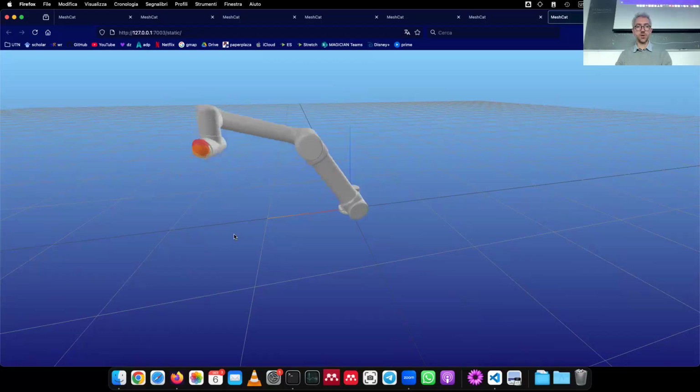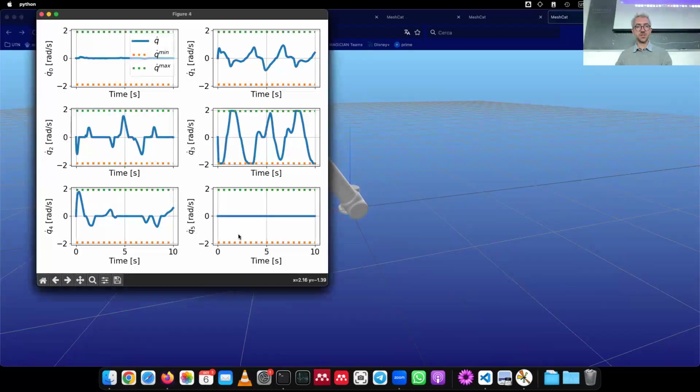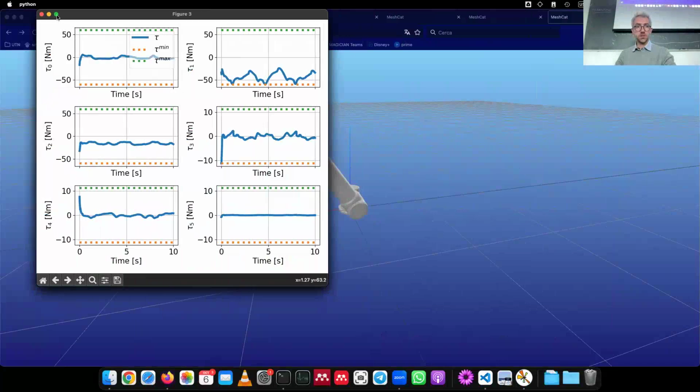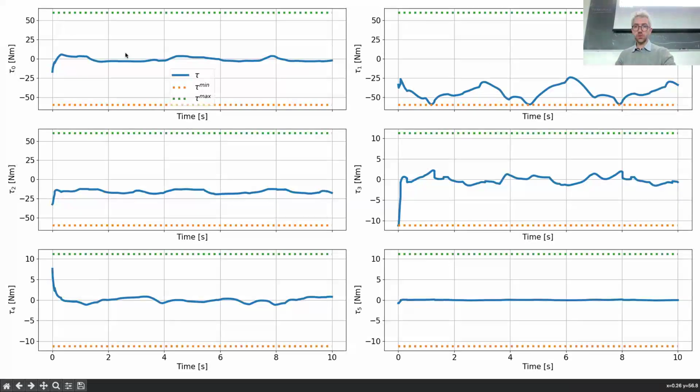I'm still struggling quite a lot, but the plots are better. Now the transition here is taking longer. Joint torques seem a bit better than before.